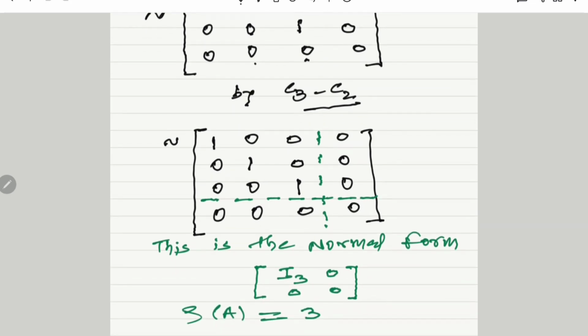And after getting this form, we separate the identity matrix by making a line like this, horizontal line as well as vertical line, and then write down the symbolic form of that normal form. For this particular example, it is I3 0 0 0, and hence rank we get as 3.